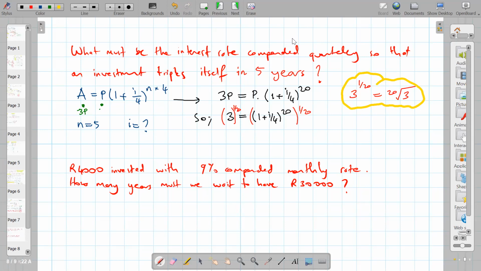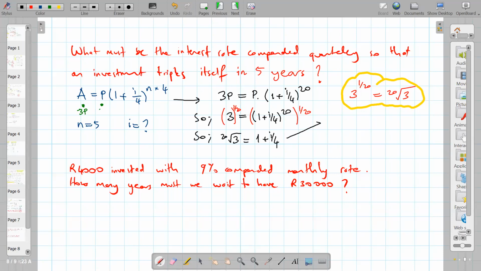So you can either take the 20th root of 3 or the 1/20 power of 3. So that is going to give us an answer. The next step is going to be the 20th root of 3 is equal to 1 plus I over 4.